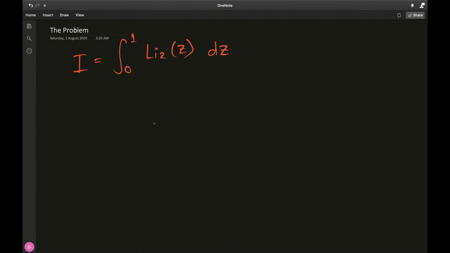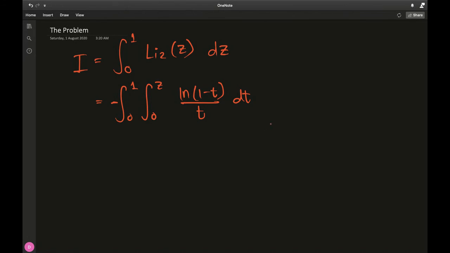At first this might not look bad, but if you insist on using the dilogarithm integral representation, then it's going to be the integral from 0 to z of natural log of 1 minus t over t dt. And now you're actually seeing the ugly part of it.